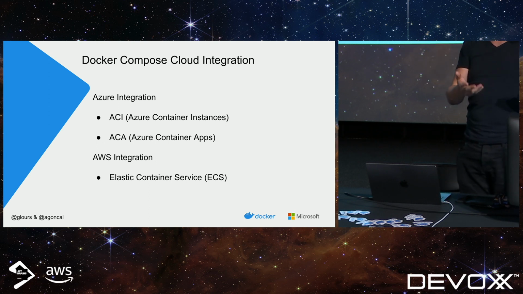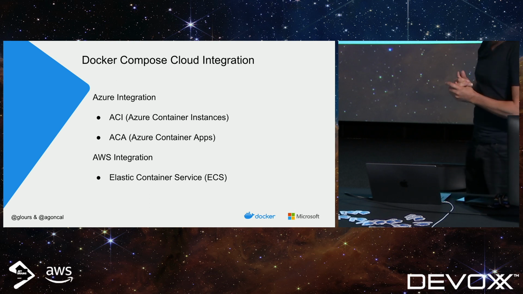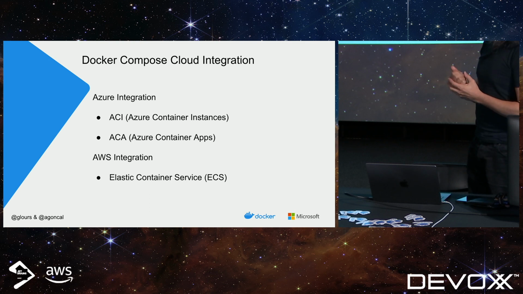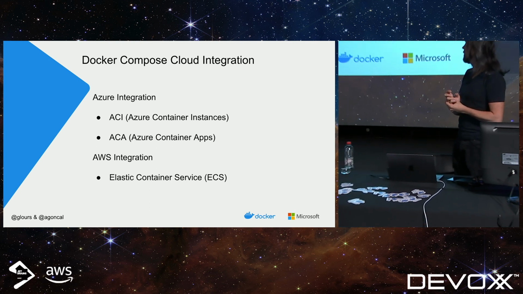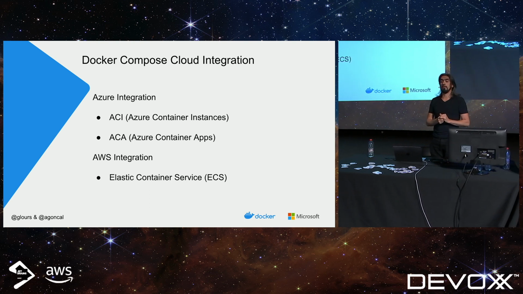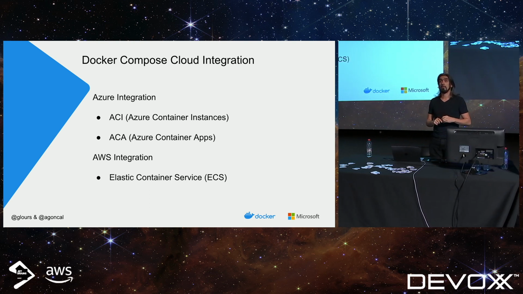So that's where the Docker Compose is supported. And also what we call Azure Container Apps. It's quite new, and you can deploy multiple containers. And on AWS, there's something called Elastic Container Service, ECS. So that's the integration that exists today with the cloud providers and Compose. So let's play Minecraft.